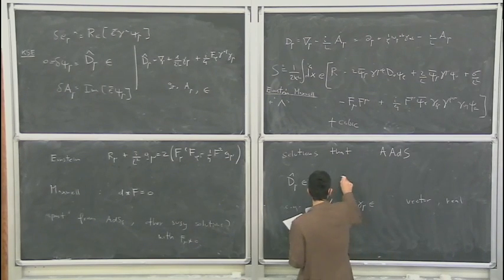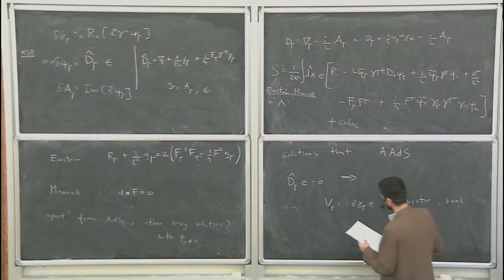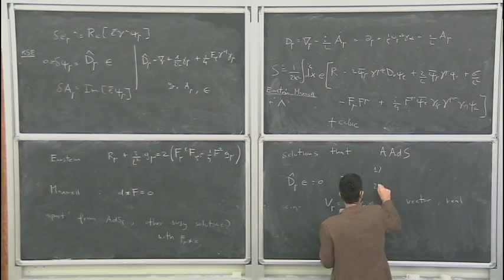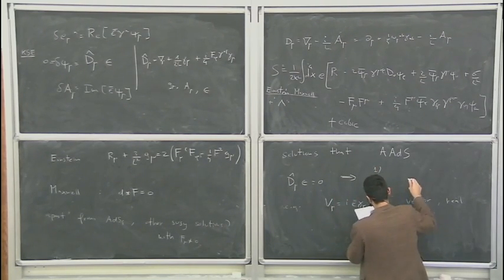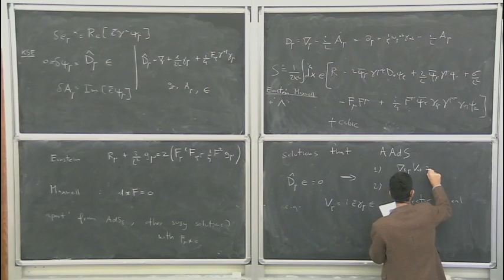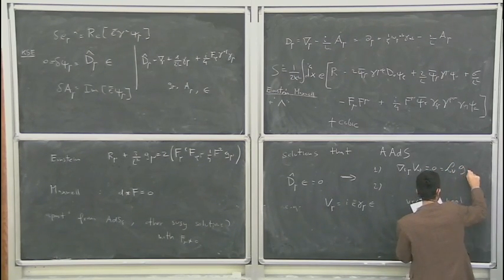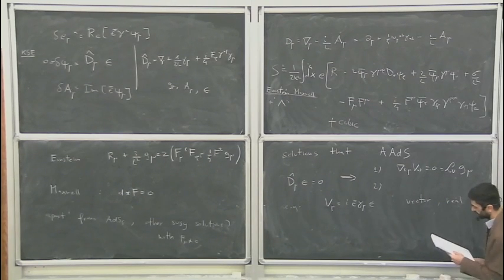But now this equation here implies some interesting properties of these vectors. Mainly, it implies that it is a Killing vector, so it obeys this equation here. So the Lie derivative along this vector of the metric is 0.